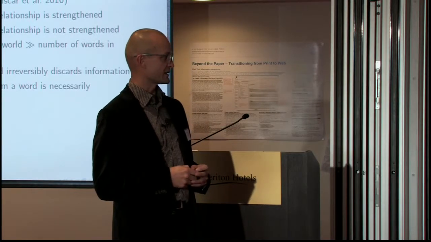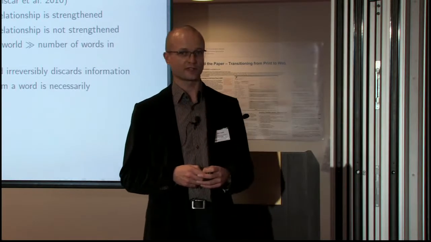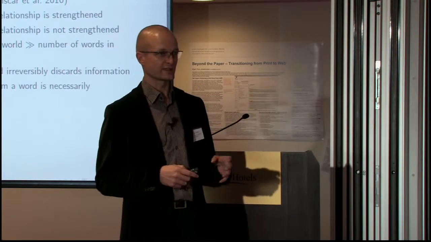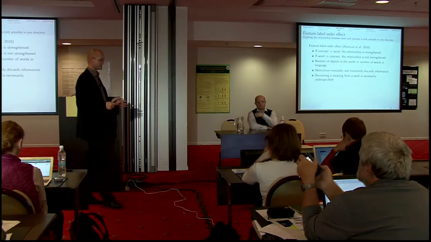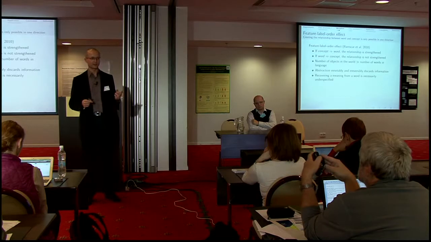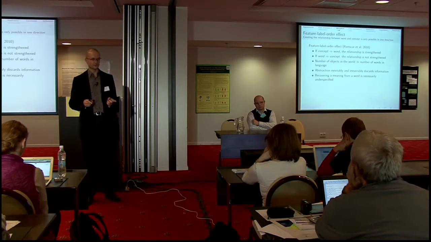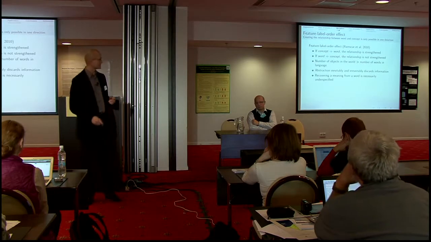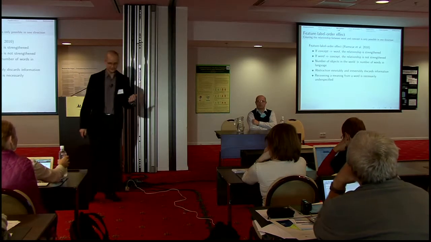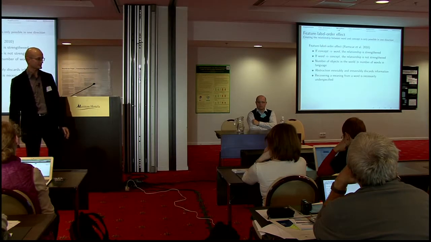based on the observation that there are many more things in the world than there are words in language. So the set of things that we want to refer to is much bigger than the set of labels that we use for referring to them. The features and labels: features are then aspects of the world, and labels are words.